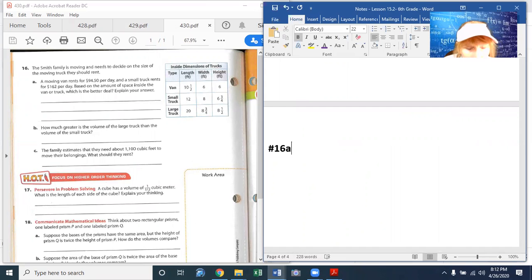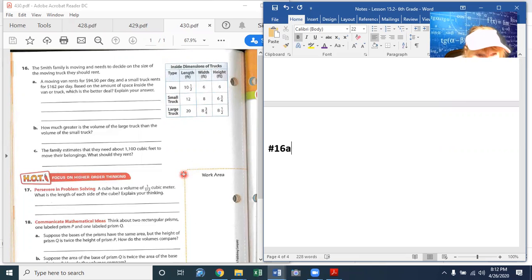The Smith family is moving and needs to decide on the size of the moving truck they should rent. And then there's this lovely little box chart thing here that tells you what size the van would be, like how much space is inside of it, the length times the width times the height. A small truck has this length, width, and height, and then a large truck has this length, width, and height.